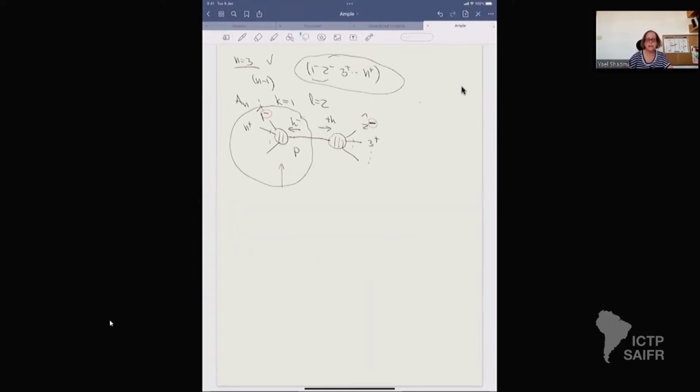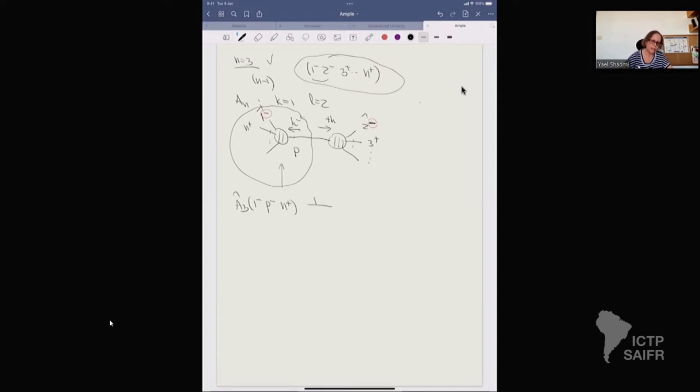So, okay, I forgot, of course, to count this guy in the middle. So in one case, what we have is A3 here, where we have 1 minus, P minus, and n plus.